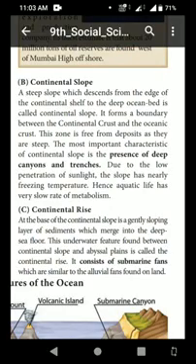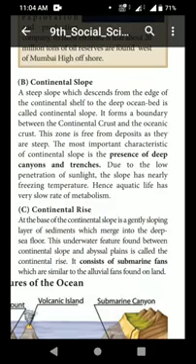Next one is the continental slope. It is a steep slope which descends from the edge of the continental shelf to the deep ocean bed. It forms a boundary between the continental crust and the oceanic crust.